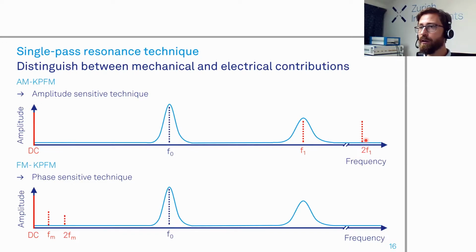And so far, the nice thing with amplitude KPFM is that the mechanical part and the electrical part can be independent, so they can even get their own resonance. So if you have picked the right frequency here for the second eigenmode. For FM, there will be different variations, but let's start with this one.